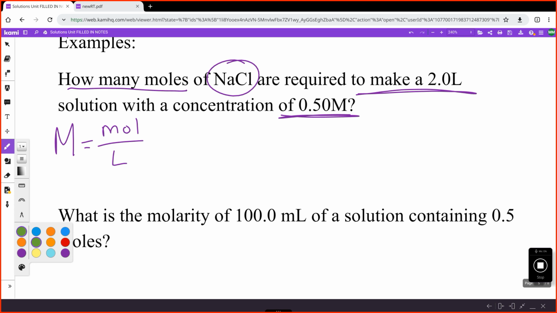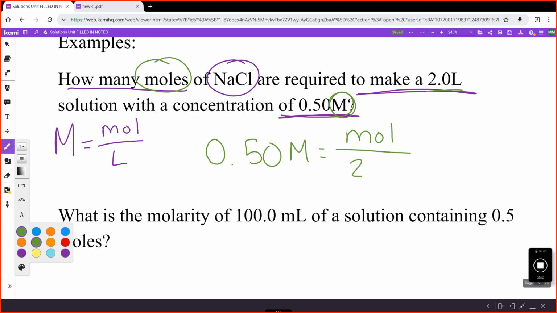So we have our big M here. Big M is molarity. So 0.50 molarity is equal to moles, which I don't know, divided by liters, which I've been given in this question to be 2.0 liters.